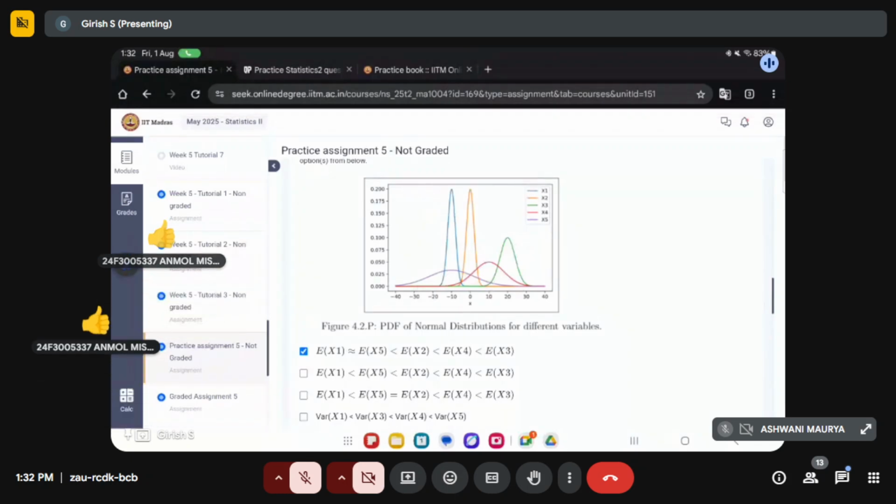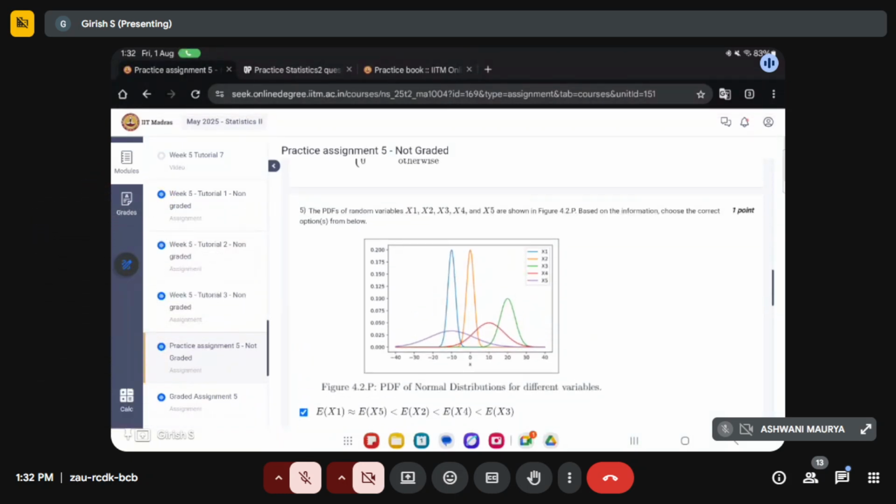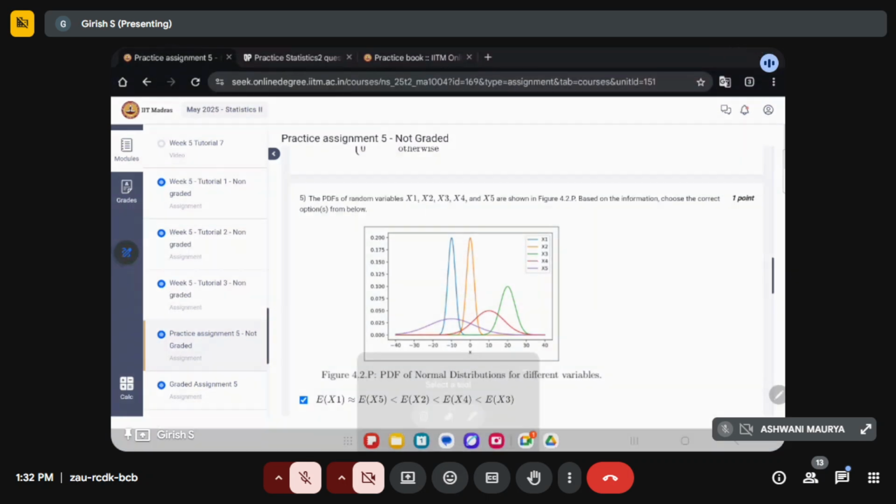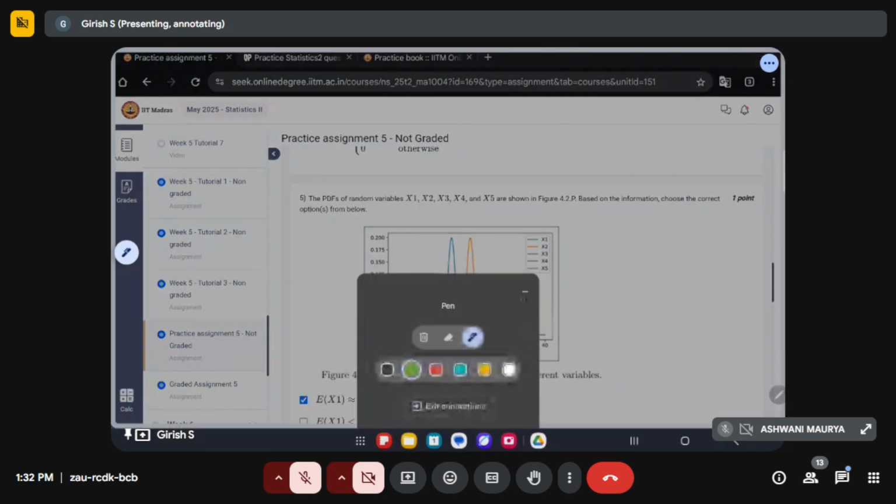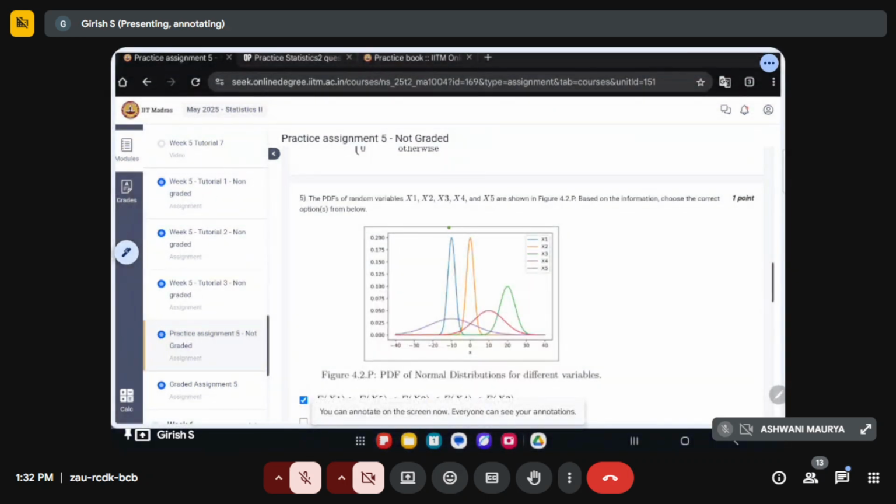So I'll just explain one of these questions. They are given a graph and we are given x1, x2, x3, x4, x5. So we know, I'll just write it. See, these are basically your expectations. The x value where the graph peaks, those are your expectations.